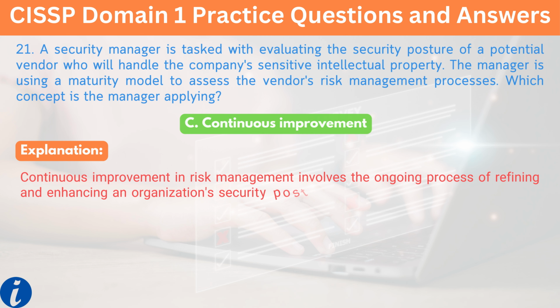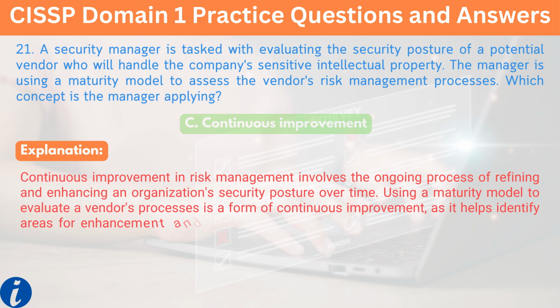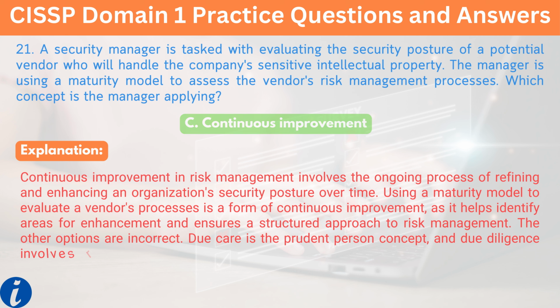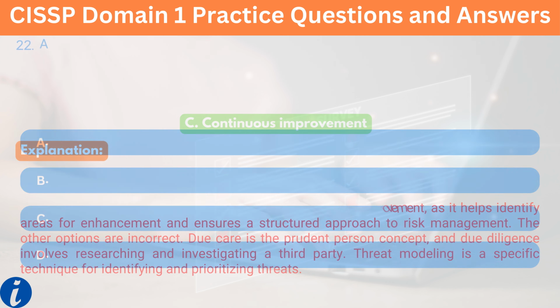Continuous improvement in risk management involves the ongoing process of refining and enhancing an organization's security posture over time. Using a maturity model to evaluate a vendor's processes is a form of continuous improvement, as it helps identify areas for enhancement and ensures a structured approach to risk management. The other options are incorrect. Due care is the prudent person concept, and due diligence involves researching and investigating a third party. Threat modeling is a specific technique for identifying and prioritizing threats.